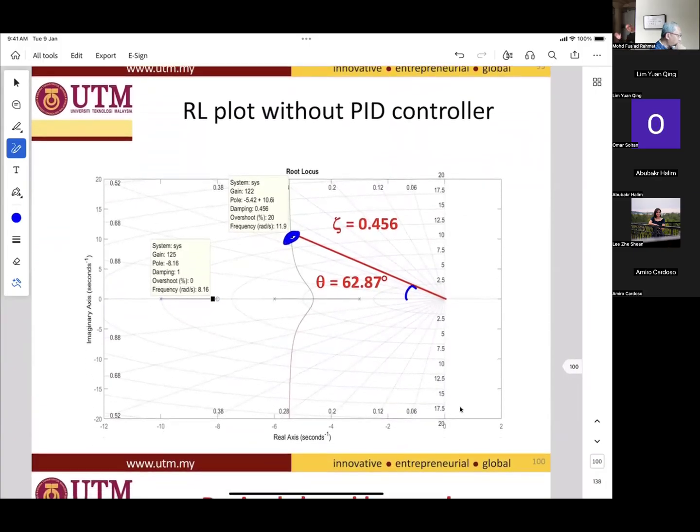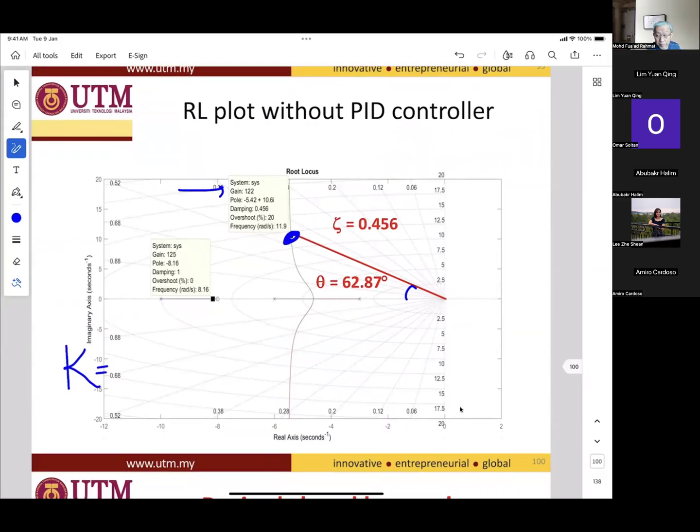So how to find the K value over there? How do you get gain 1, 2, 2? From the computer, you get 1 to 2.